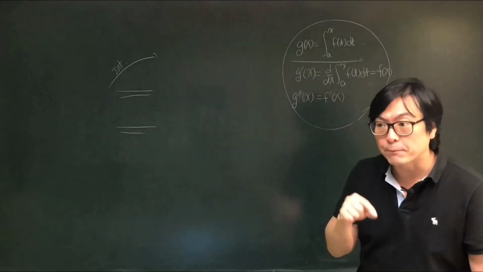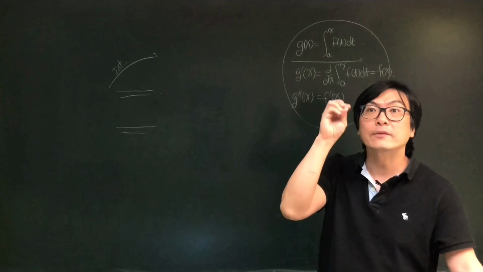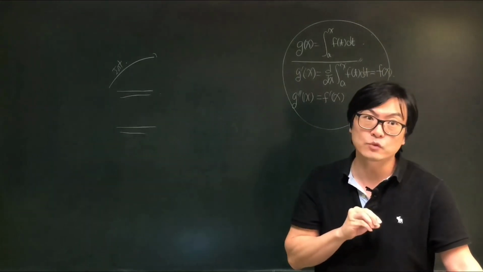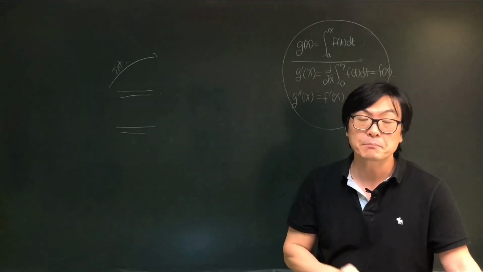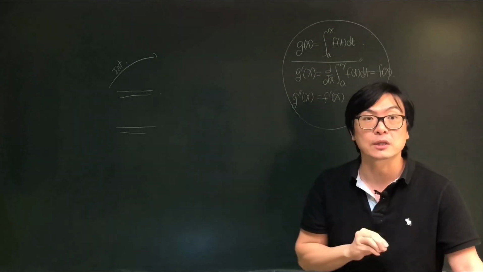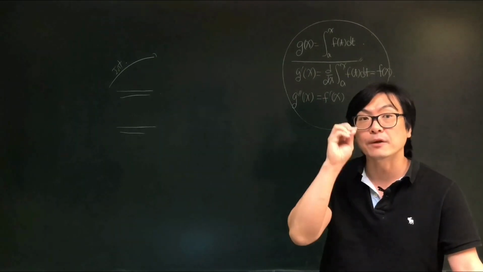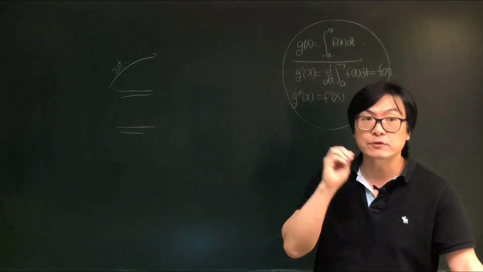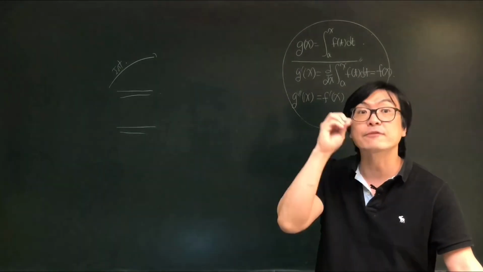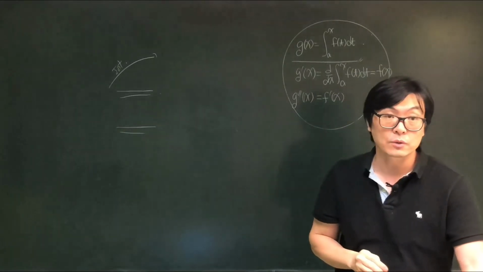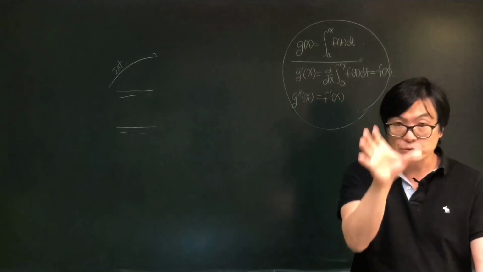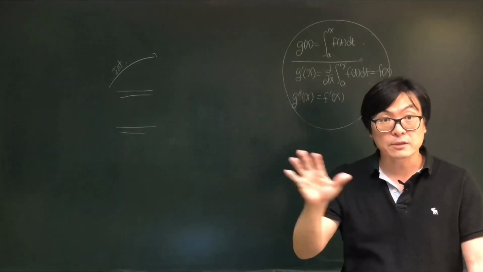For example, if the question asks when the position is increasing, then yes, we need to check the velocity, because velocity is the prime of position. But if the question asks when the velocity is increasing, then we have to check the derivative of velocity, which is acceleration.